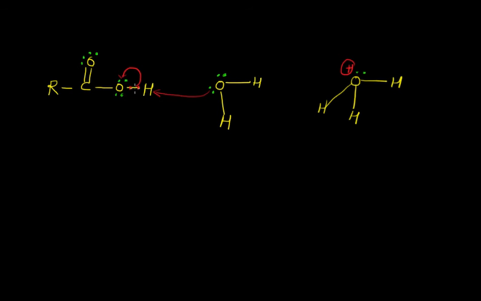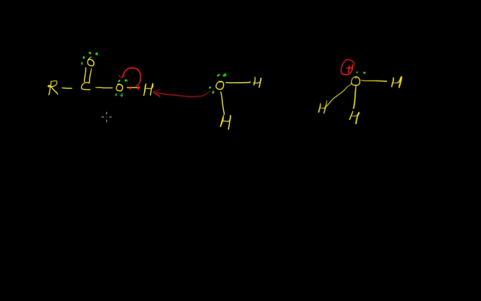It means that according to Lewis theory for acidity, a compound is acidic when it is able to accept a lone pair of electrons, and here oxygen is able to accept this lone pair, and that's why this compound is acidic in nature. One more thing you can observe is that this proton is donated towards this water molecule. Now we have to compare why this carboxylic acid is more acidic as compared to alcohol.